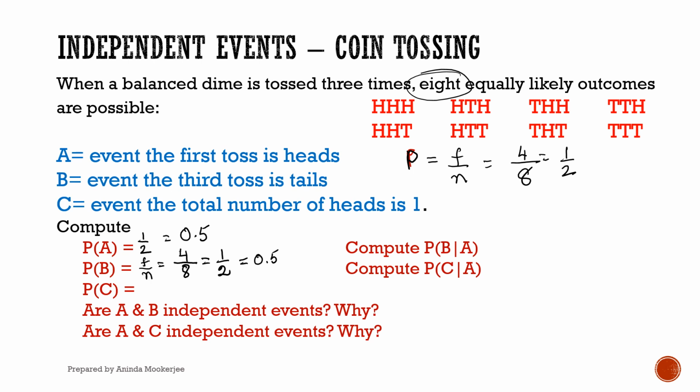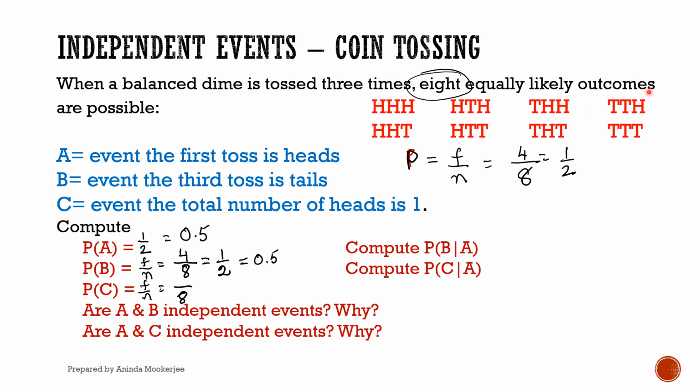All right, now probability of C. So what is C? It's the event the total number of heads is 1. Again, F over N rule. Again, the total number of outcomes is 8, right? So out of that, in how many situations do we get a total number of heads as 1? This one has 3, total number of heads is 3. This one has total number of heads 2.